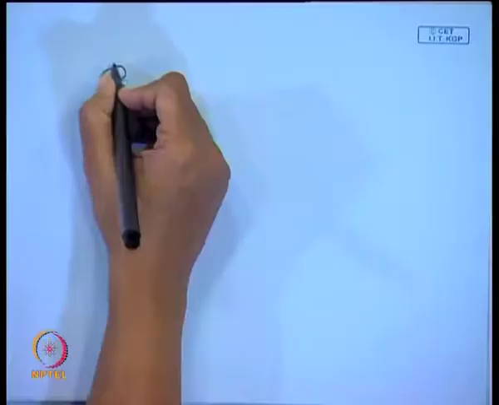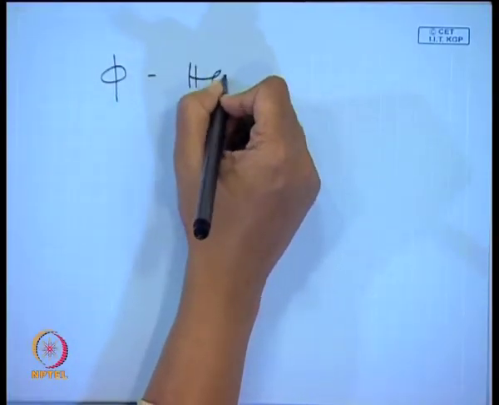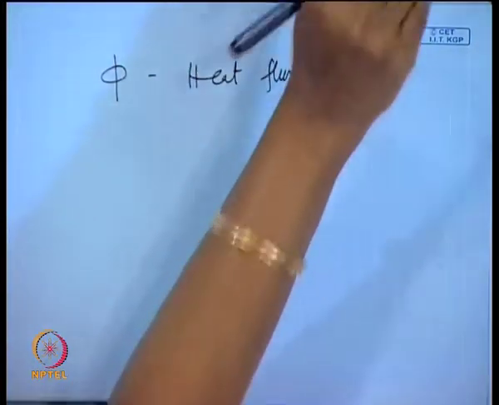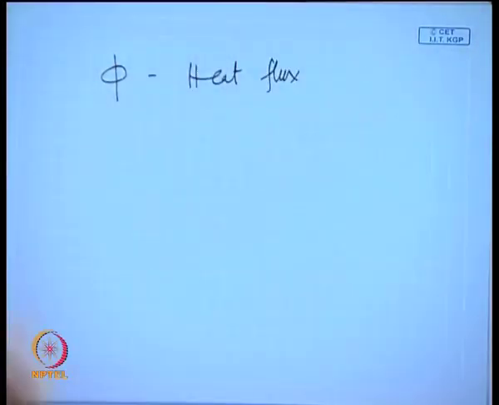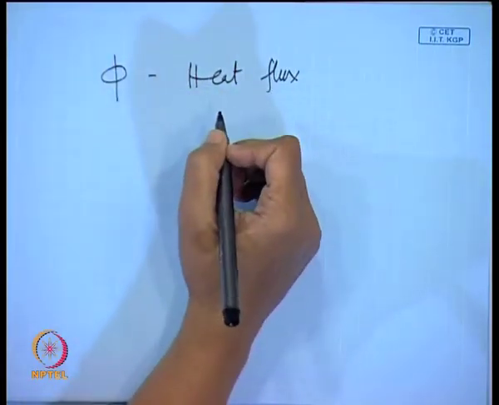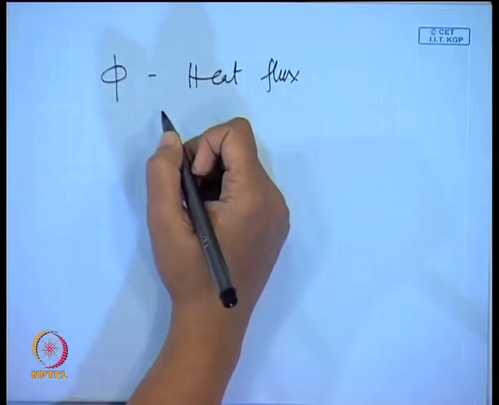How to relate quality with the heat flux? Please note that I am denoting heat flux as phi. If you want, you can denote it as small q as well, but since capital Q is already the volume flow rate, I usually prefer to denote heat flux as phi.